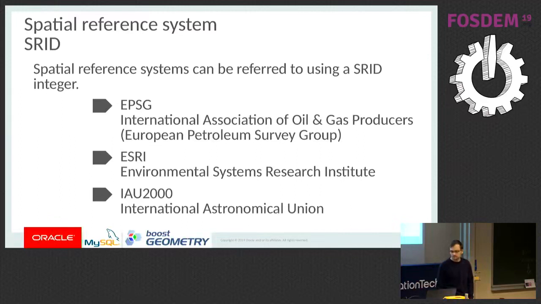The most known one is the EPSG, which is now a part of the International Association of Oil and Gas Producers. But there are also others like ESRI, and there are also numbers of spatial reference systems for objects in space, like the Moon or other planets. And this is the last one mentioned on the slide.